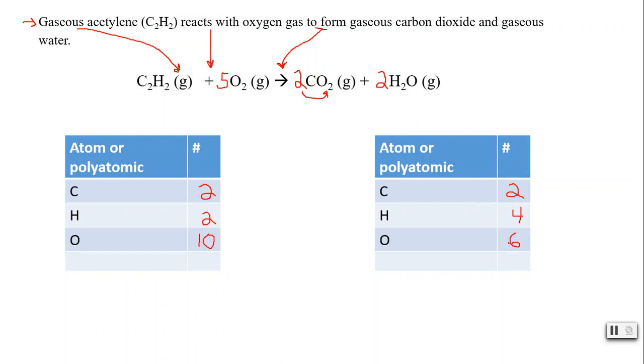And you might say, well, that didn't get you very far, Mrs. LaPolla. But no, we can get to 10 oxygens. Remember, we want to get to 10 oxygens. How can we get to 10 oxygens? Well, I need this to be a 10.